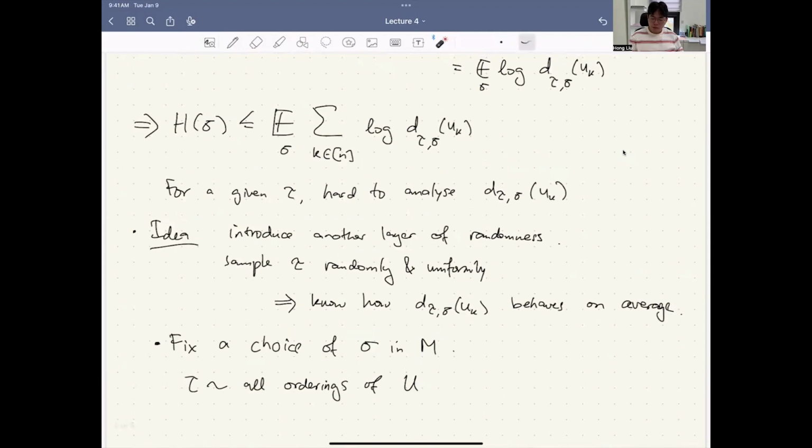Since we fixed sigma, all we need to do is look at this sum.